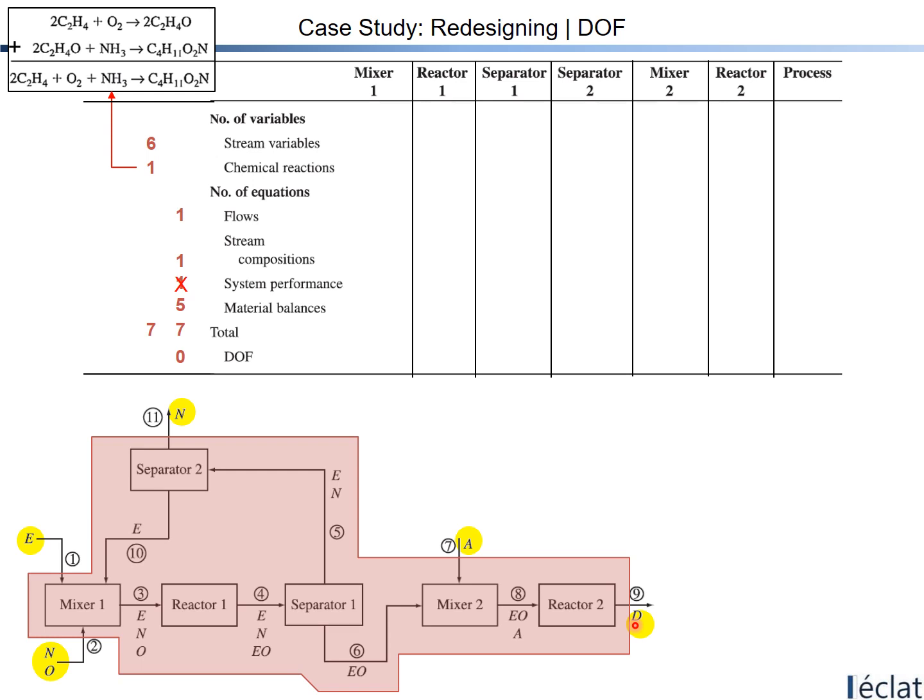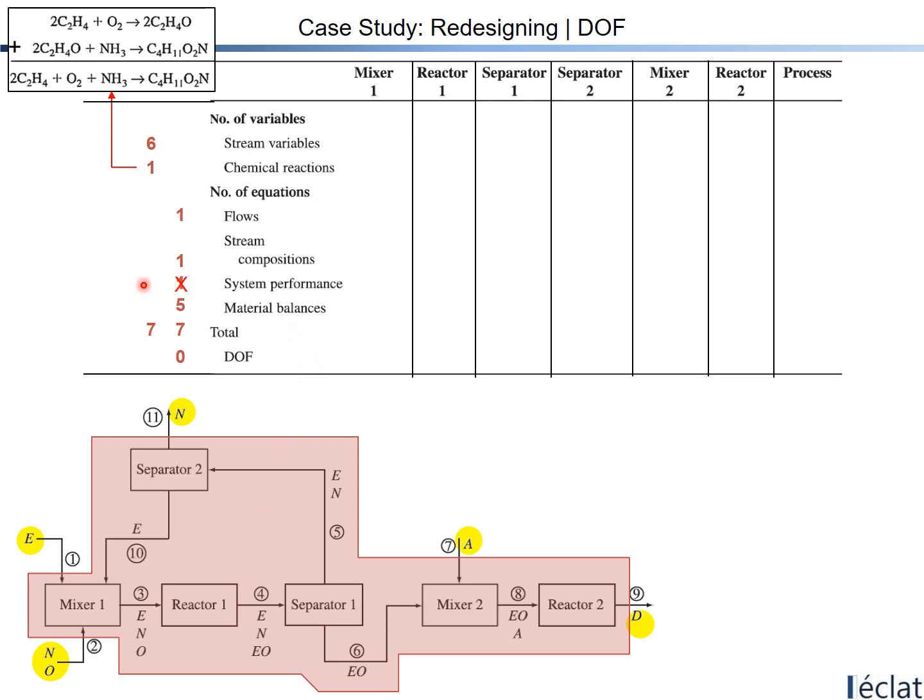One more point. Actually, we had this system performance specification for reactor 1. That is that only 25% of ethylene is consumed inside reactor 1. But we cannot use this system performance specification for this entire process. Of course, you can use this restriction for the reactor 1 calculation.